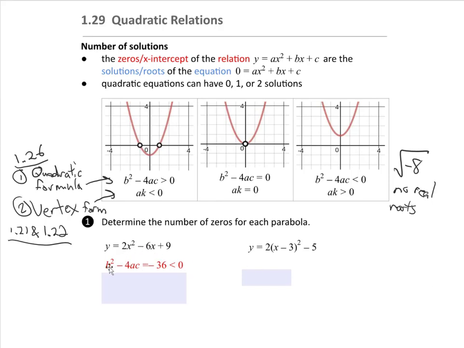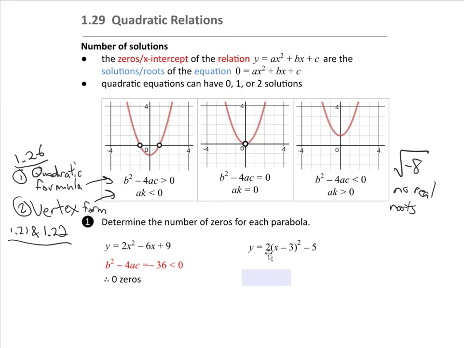So you'd have negative 6 squared minus 4 times 2 times 9, and you should get negative 36, which is less than 0. And remember, if it's less than 0, that means we have 0 solutions, or 0 zeros in this case, if you want to get witty.